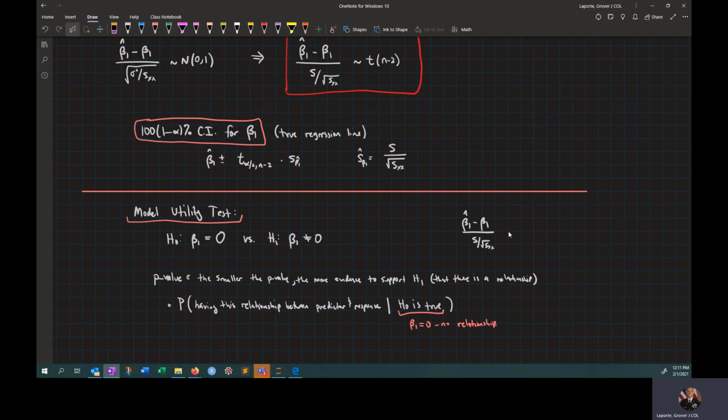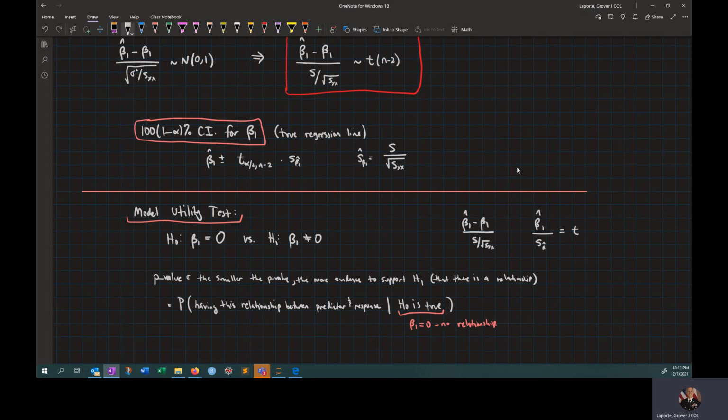That's a t distribution, and we're assuming H naught is true. So what do I mean by that? Well, beta 1 is 0, so beta 1 hat minus 0, I don't have to put that over here. The denominator is just S beta 1 hat, right? And this is my test statistic. We can call it T.